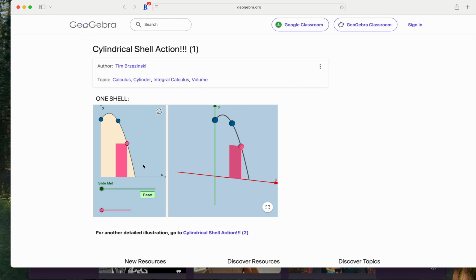And we see that there's some thickness, some height. That thickness can vary depending upon how thick our representative rectangle is. It could be very thin, it could be very thick. So we have an inner and outer radius for a cylindrical shell.